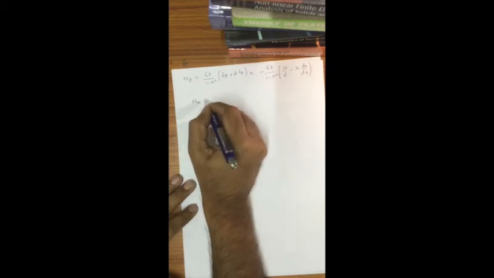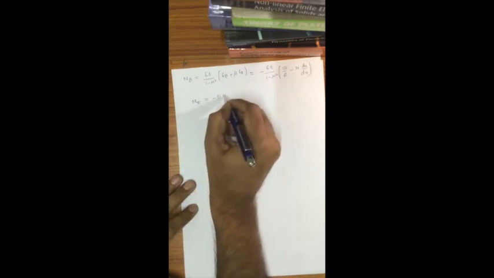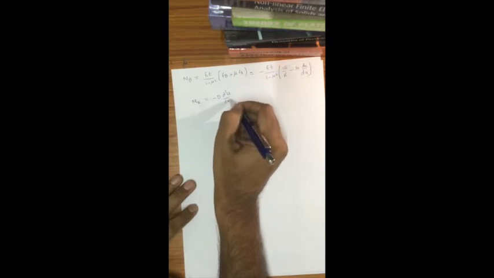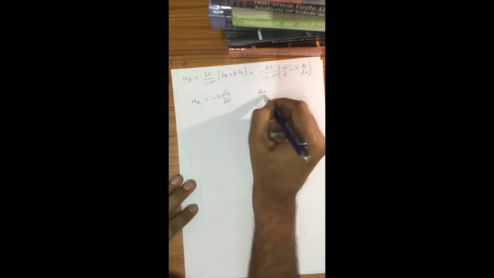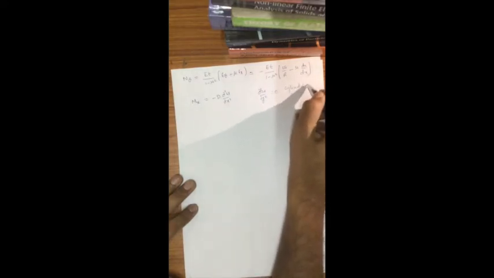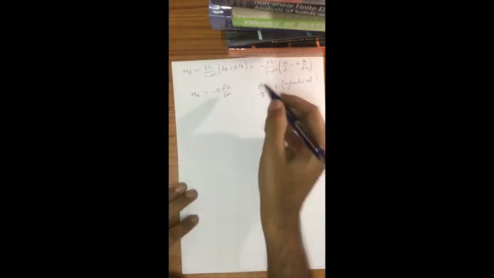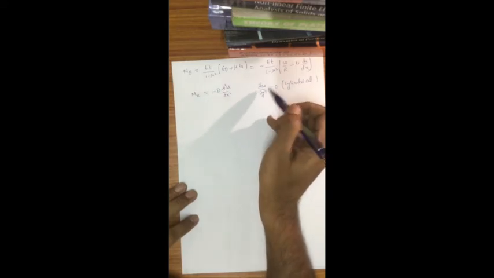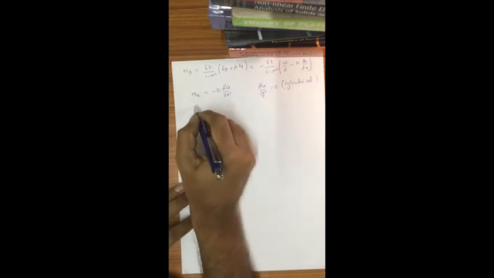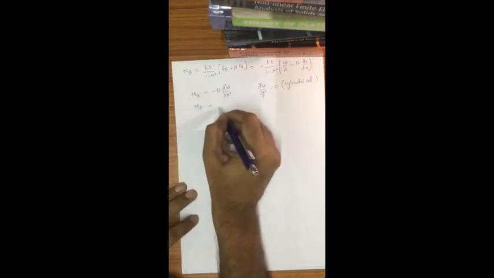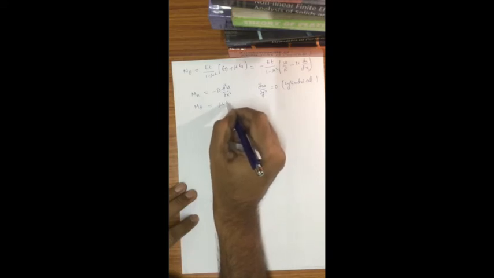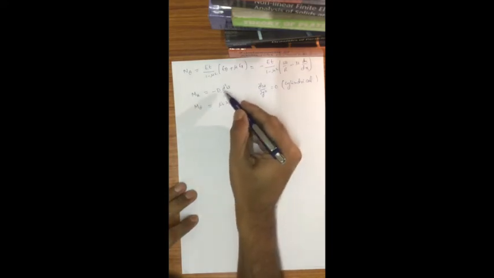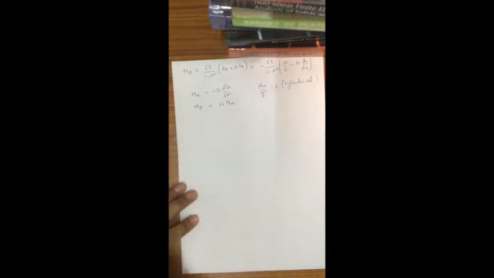And the moment curvature relationship: Mx is equal to minus D times d square w by dx square. We have d square w by dy square is equal to 0 because it's a cylindrical surface. So therefore minus D times this plus Poisson's ratio times this curvature, and this term is 0, and similarly we can also write M theta will be equal to mu times Mx, that is minus D mu into d square w by dx square.